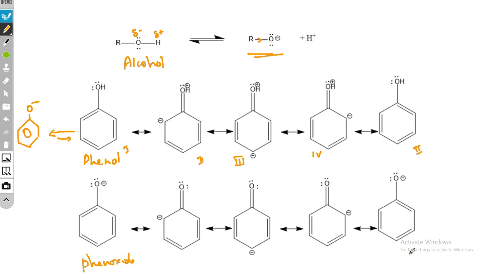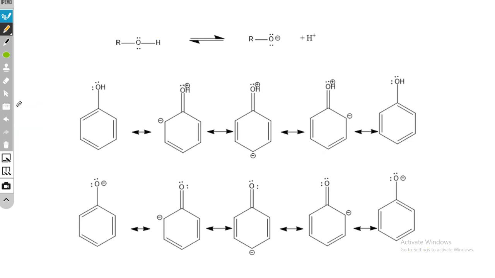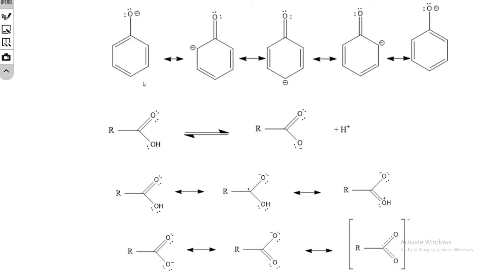So the phenoxide ion is more stabilized, so the forward reaction takes place fast, and the acidity of phenol is greater than that of alcohol. Okay, so let us move to the next member, that is carboxylic acid.